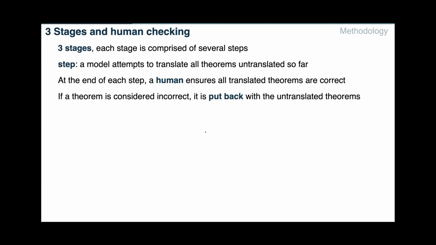If, like in this example, a theorem is considered incorrect, we put it back to be translated in the next step. Otherwise, it's considered correct and we won't try to translate it again.